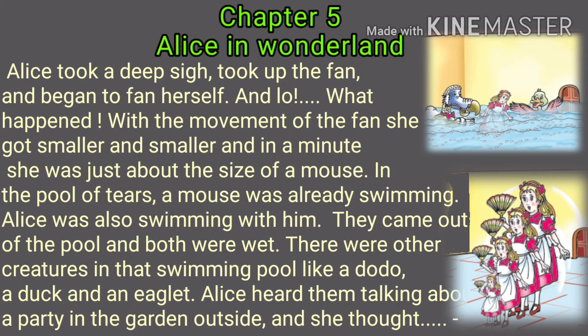A duck and an eaglet. They were swimming in the pool and talking about a party in the garden. Alice heard and she thought. What she thought we will see next.